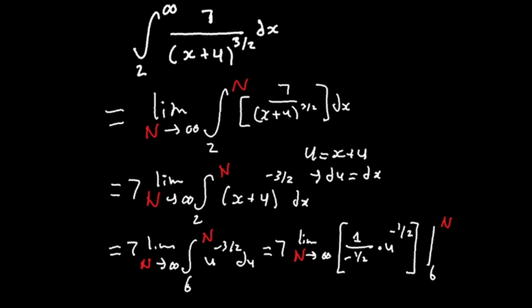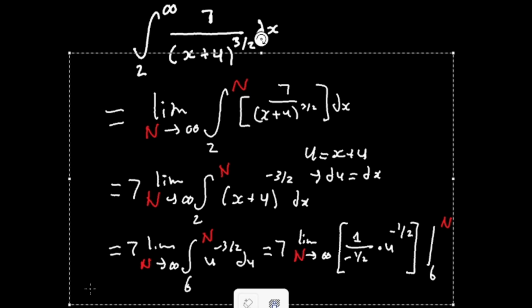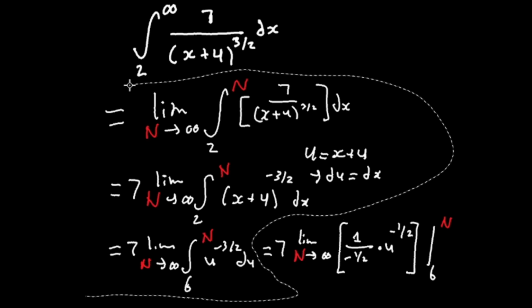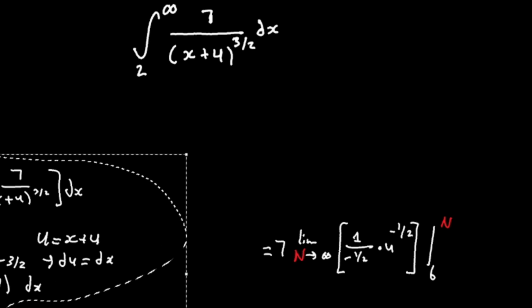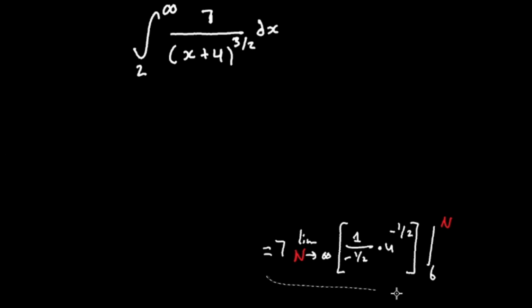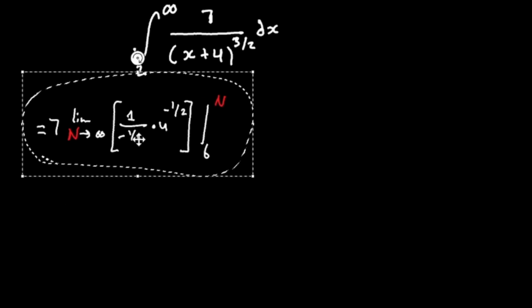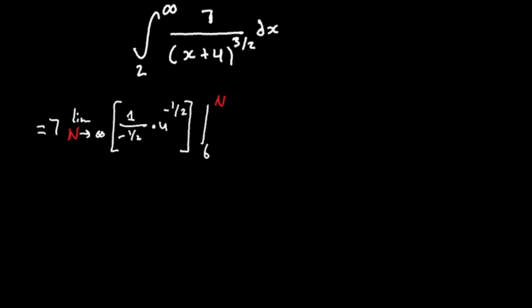Alright, so now let me clean this up a little bit. Now let's pull out that negative 2, because 1 over negative 1/2 is negative 2.